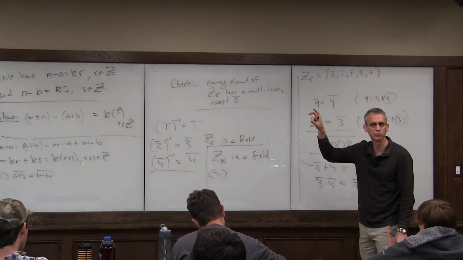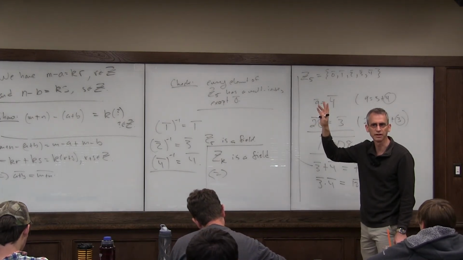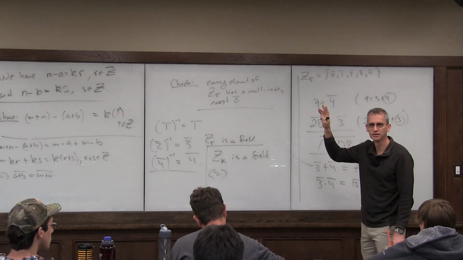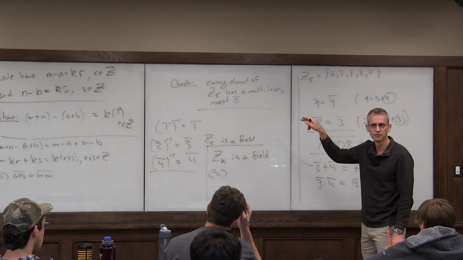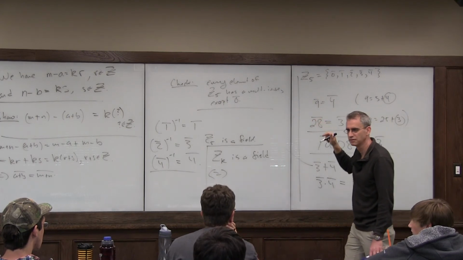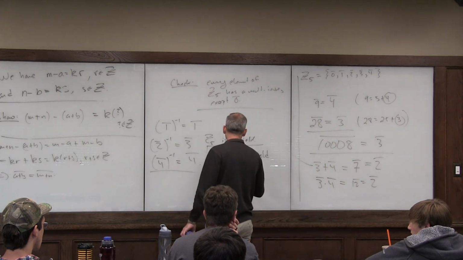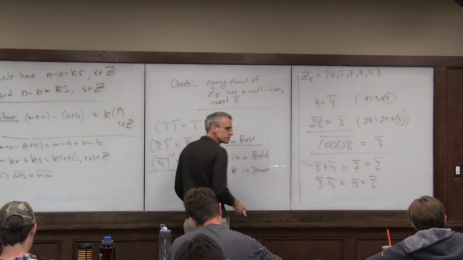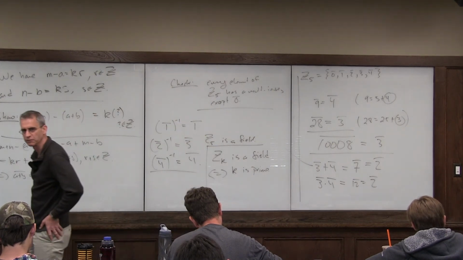It's the smallest field in the world, right? 0 and 1, nothing else. Z3 is a field. Z4 is not a field. Z5 is a field. Z6 is not a field. If k is prime. So if k happens to be a prime number, you always get a multiplicative inverse.